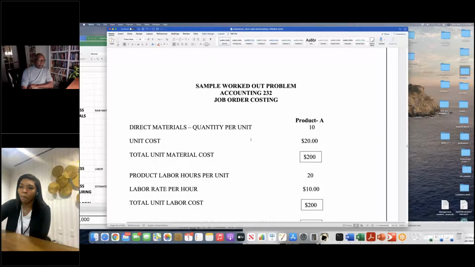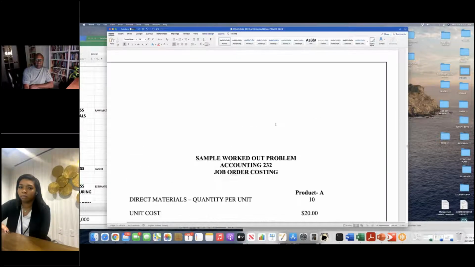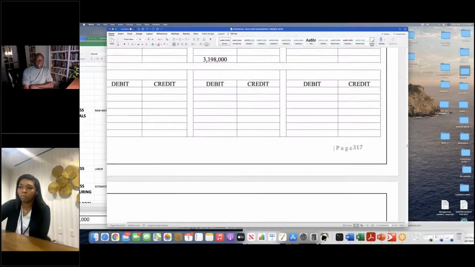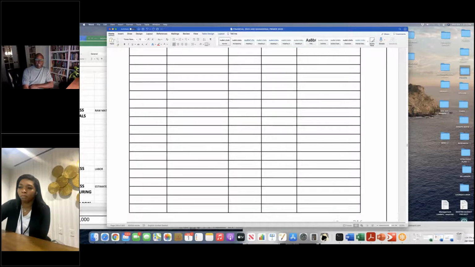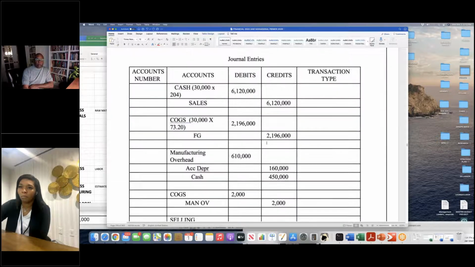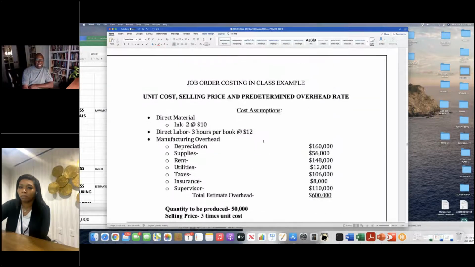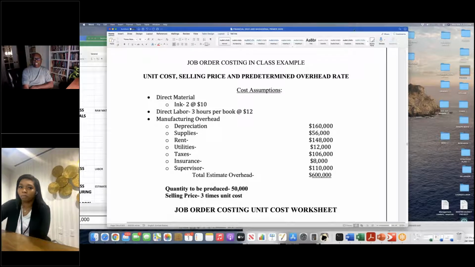Then there's a sample worked out problem. So what I'm going to do is to begin the process of assigning this problem to people in the class.